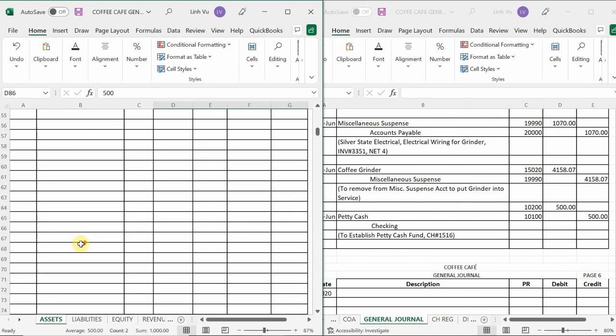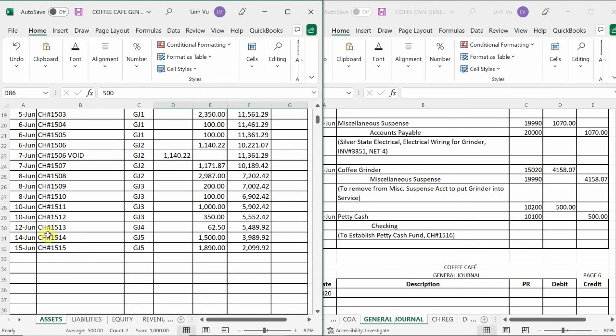All right, and of course, in checking, we have check number 1516, page 5, credit 500. Balance is 15,992. All right.